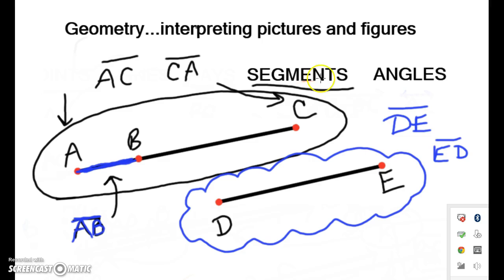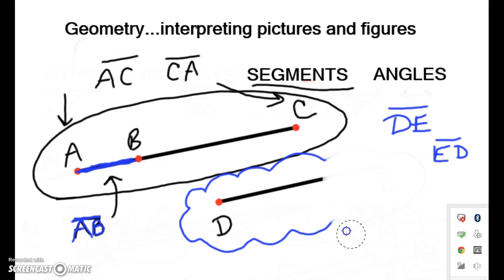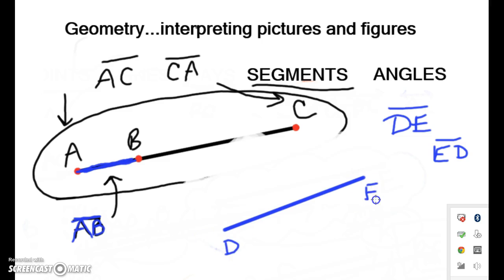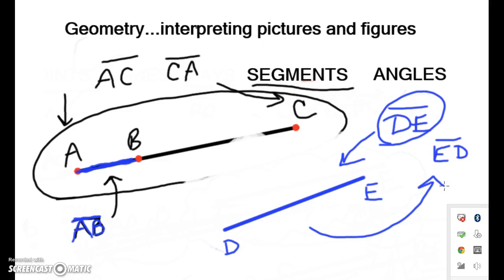If there was no picture on this particular page, but I wrote line segment DE, then you should be able in your imagination to conjure up that picture of a line segment, and it would have endpoints D and E. So given this, you could draw the picture, or given the picture, you could write the name.